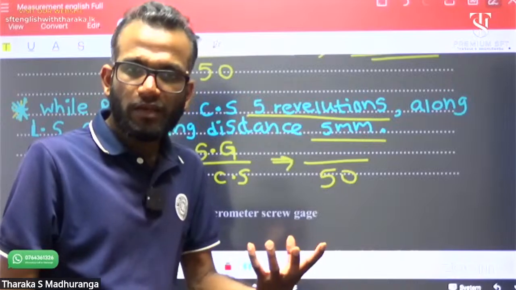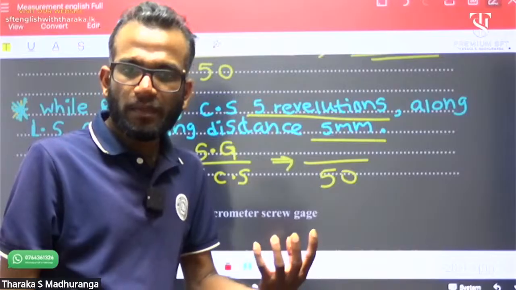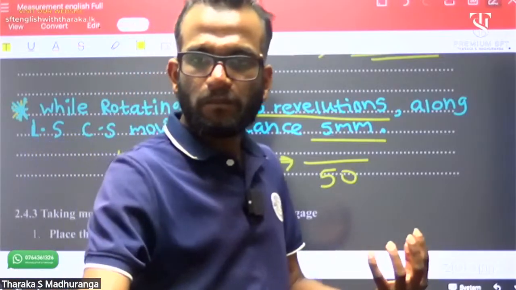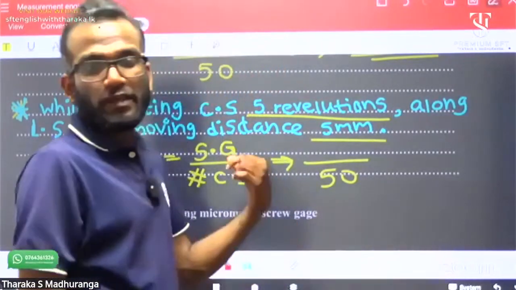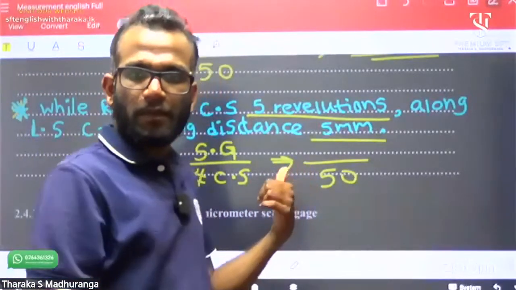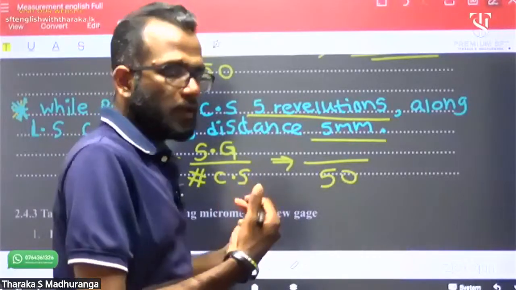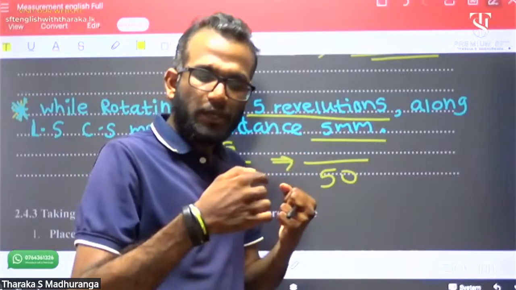That was an exam question. Yes, the screw gap means the distance the circular scale moves along the linear scale within one complete revolution.